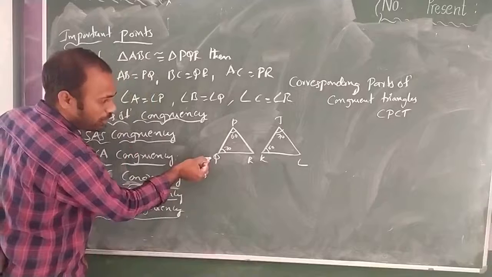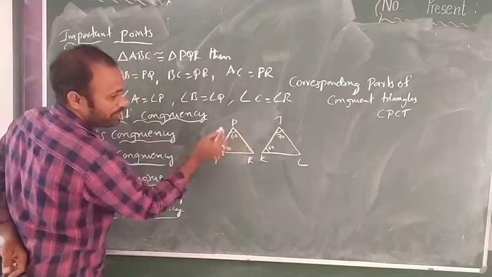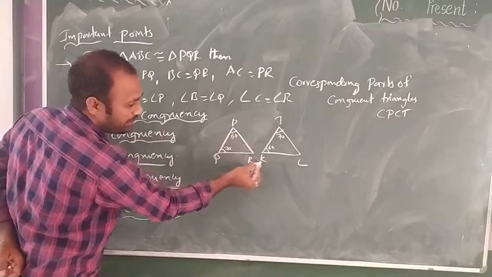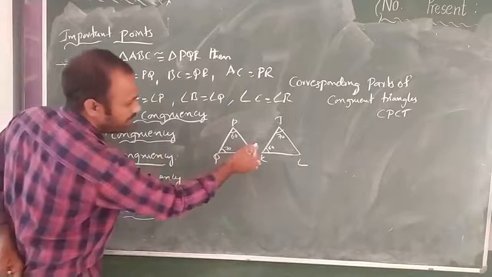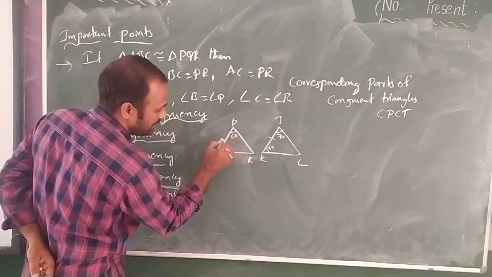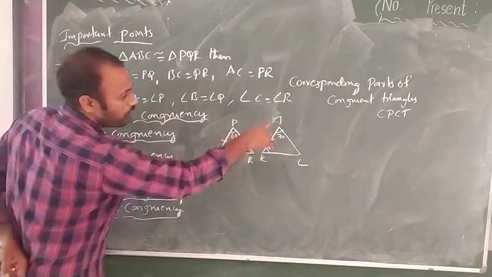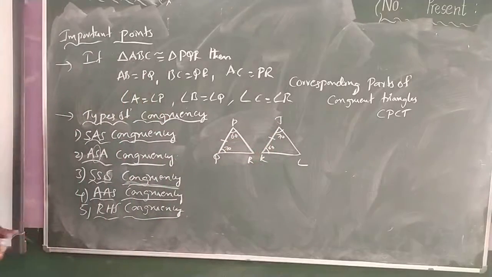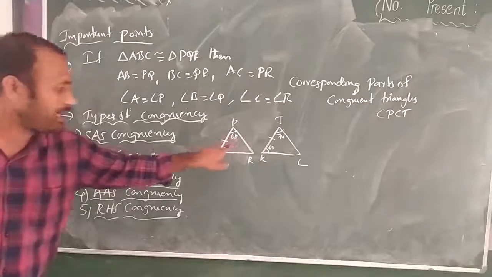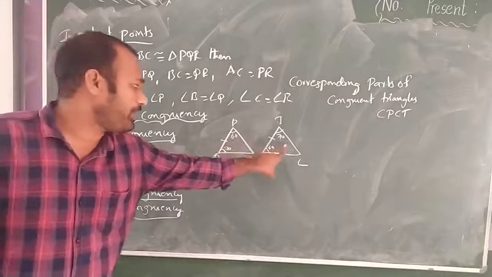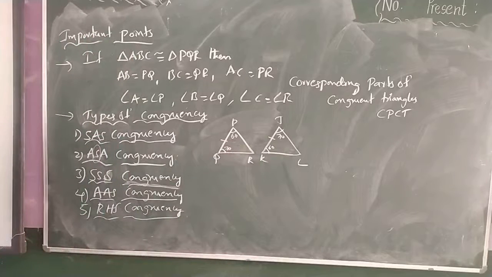So here angle Q is equal to angle J, angle P is equal to angle K, and moreover the included side will be there. Included side means this side will have to be equal. So PQ is equal to JQ. Then by using the ASA congruency rule, I can say that triangle PQR is congruent to triangle JKL.